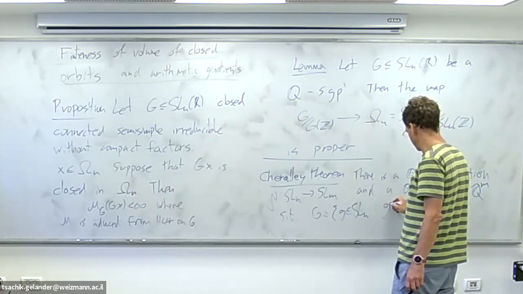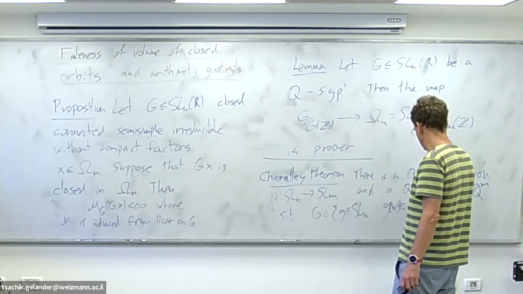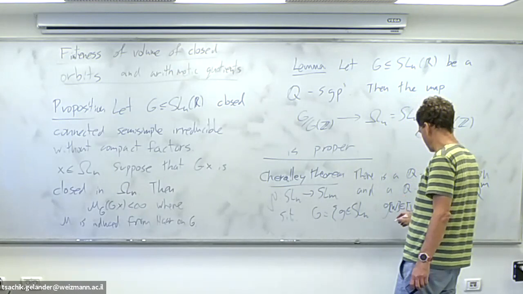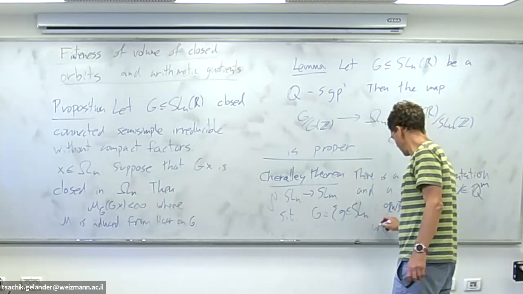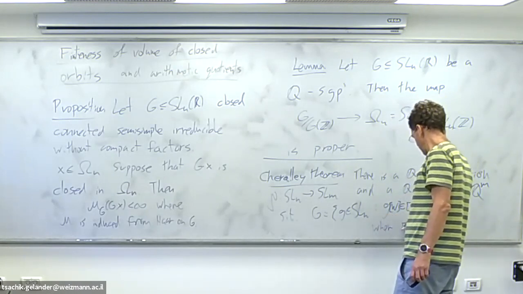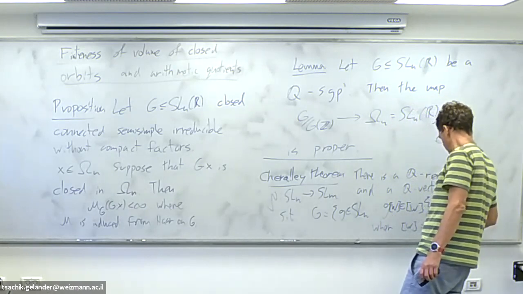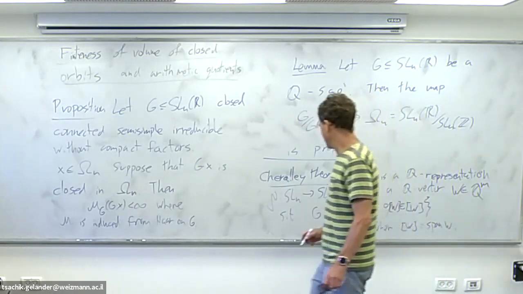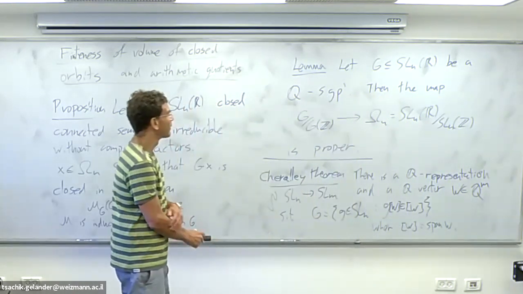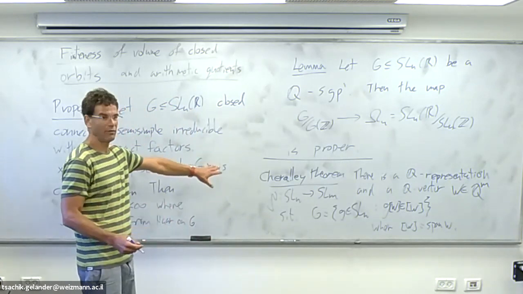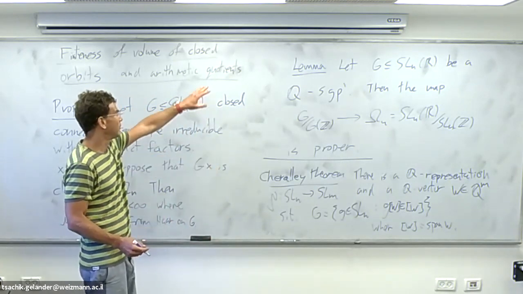So gw equals a multiple of w. So that's Chevalley's theorem, and we're going to apply it to prove the lemma.